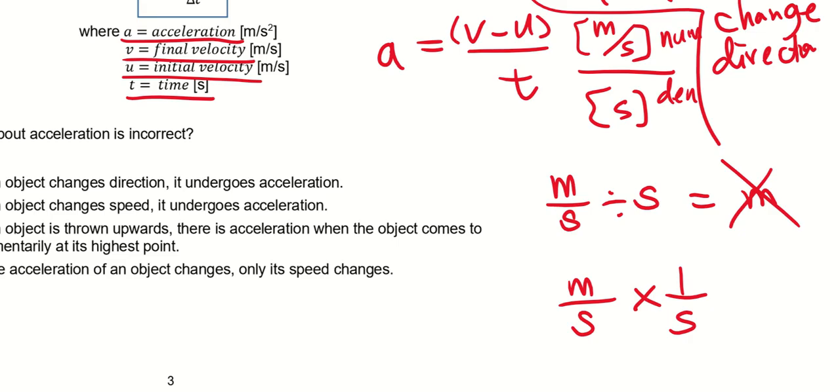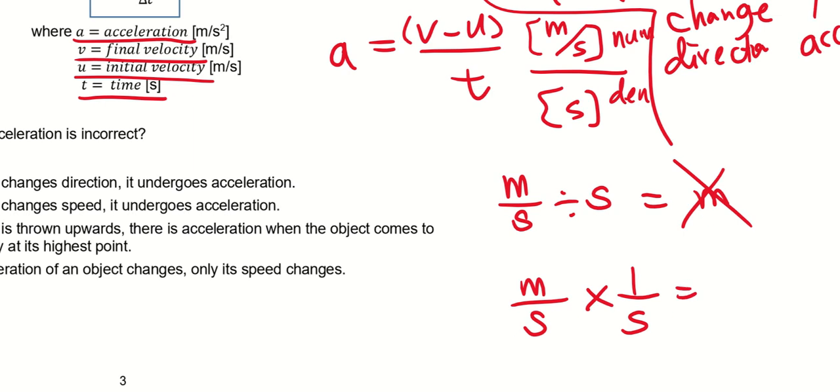Change it to times, right? Then your second becomes 1 over second. So a equals v minus u over t, meter per second divided by second. In the end, the final unit is meter per second squared.